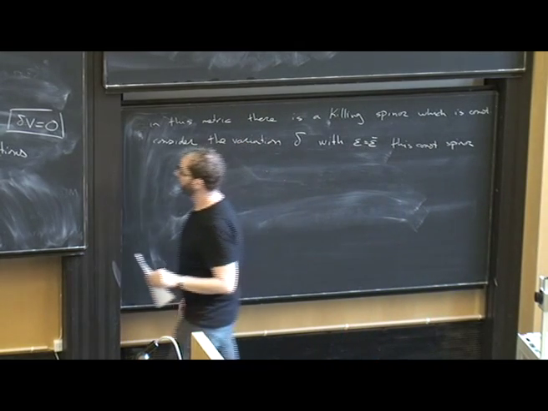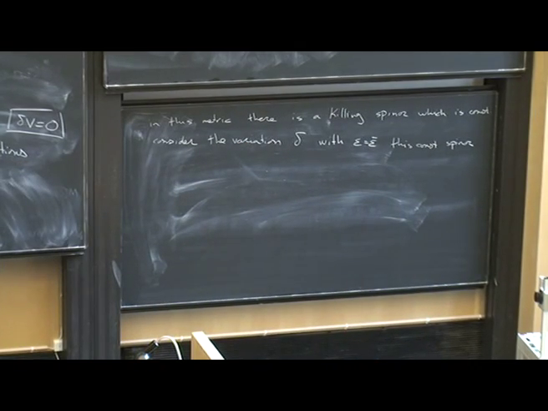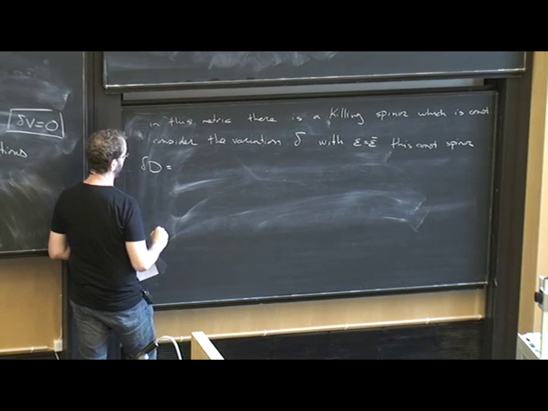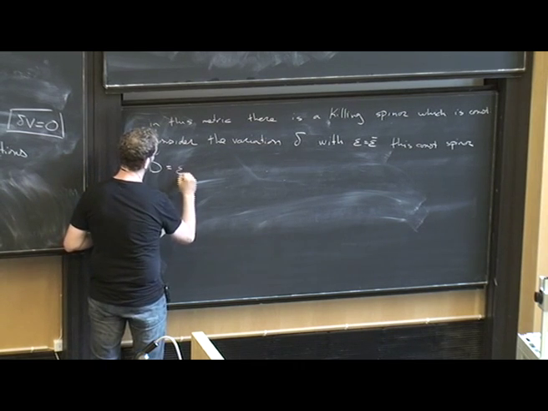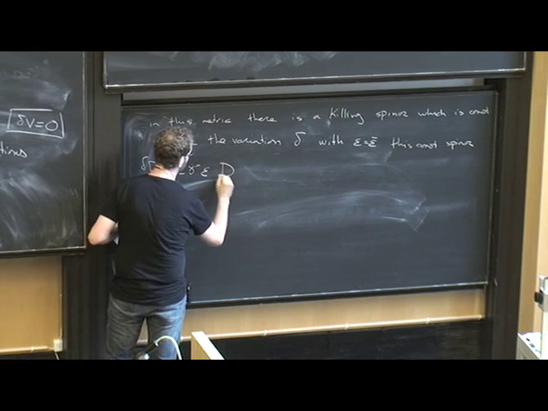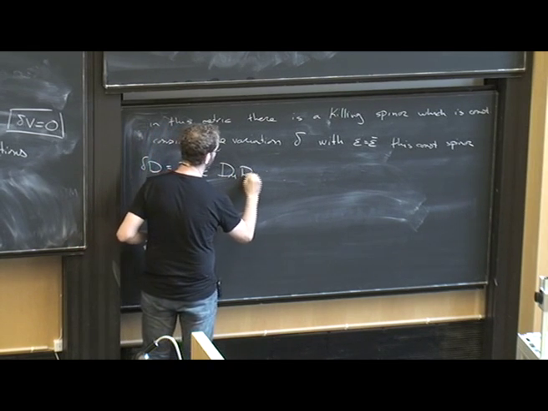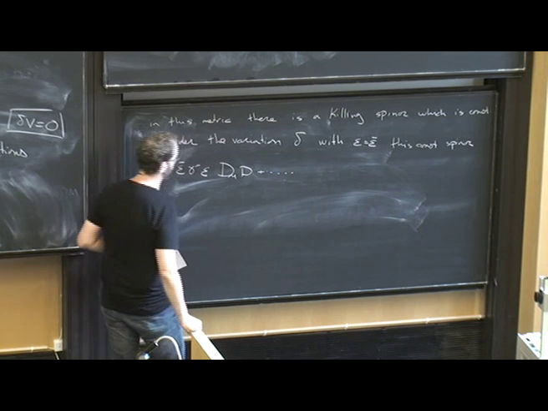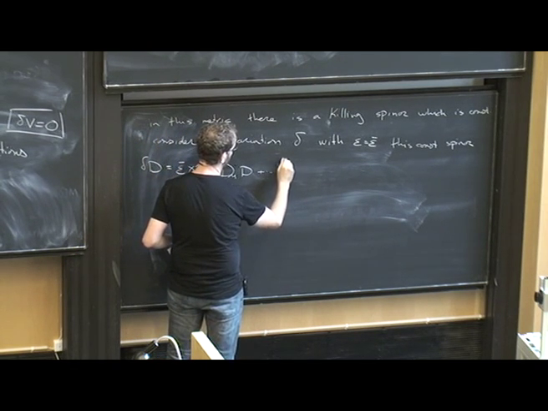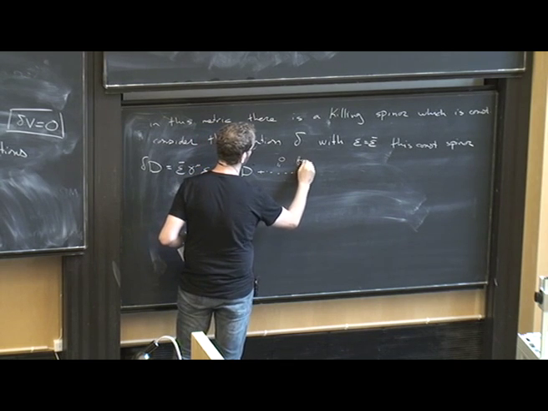And in particular, if you remember, before I had this transformation: delta D was equal to epsilon bar gamma mu epsilon d mu of D plus other terms. These other terms are actually zero, proportional to sigma. These were zero for killing spinors.